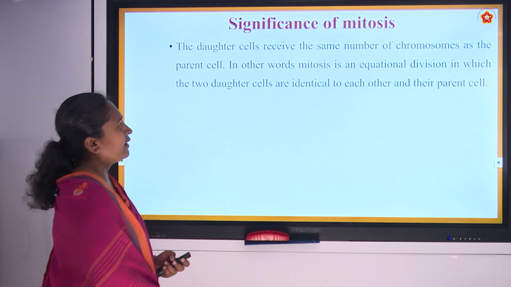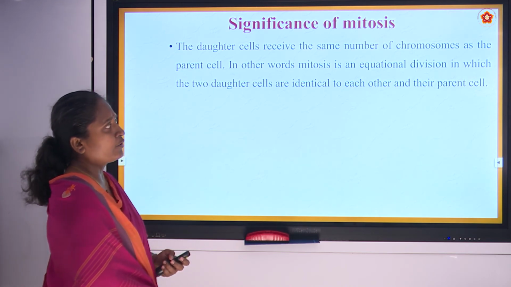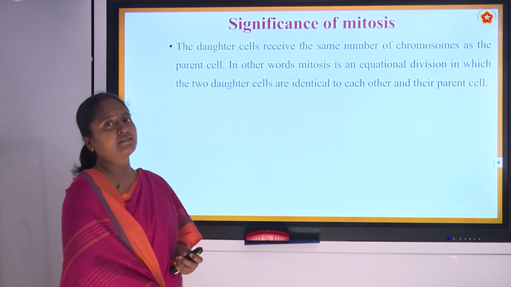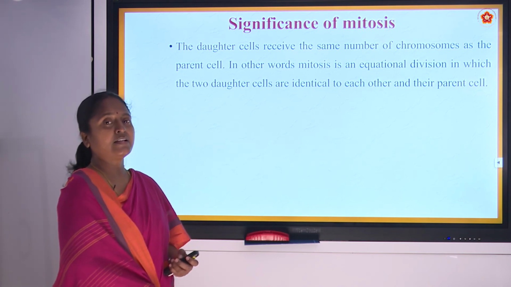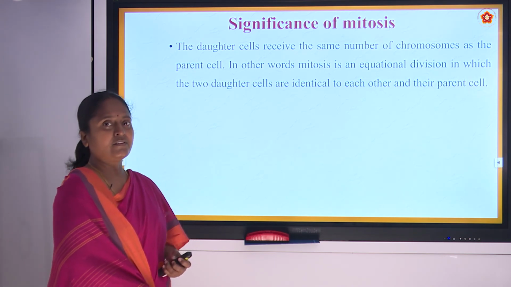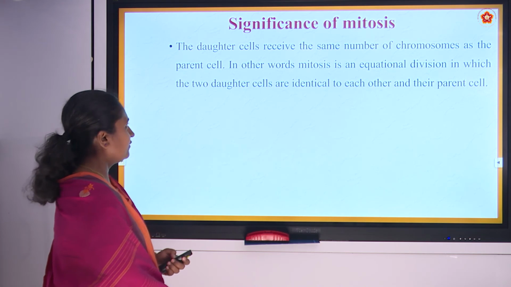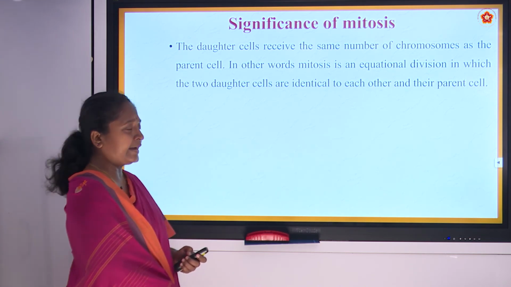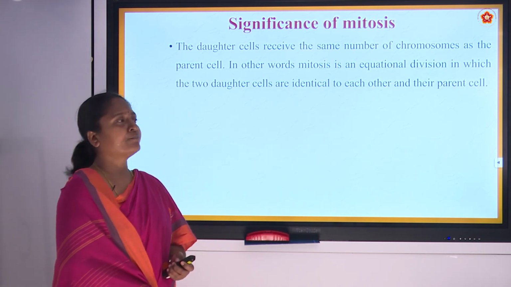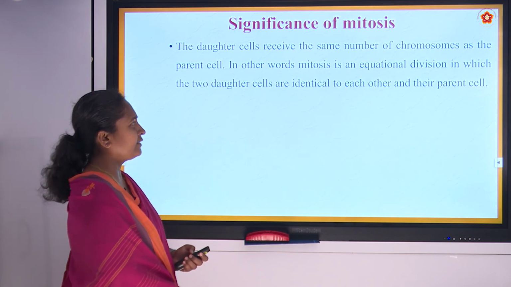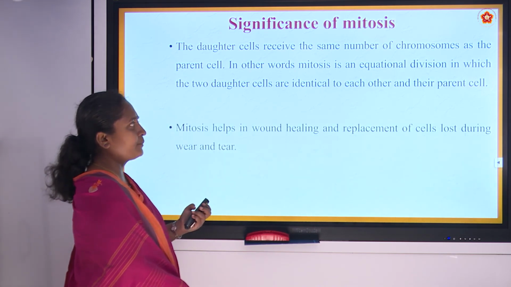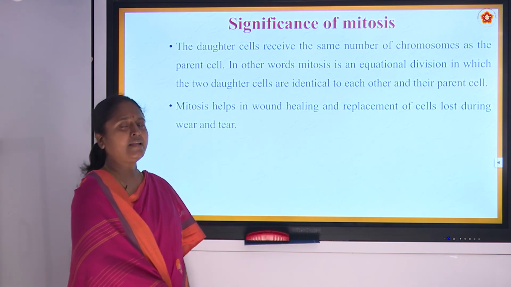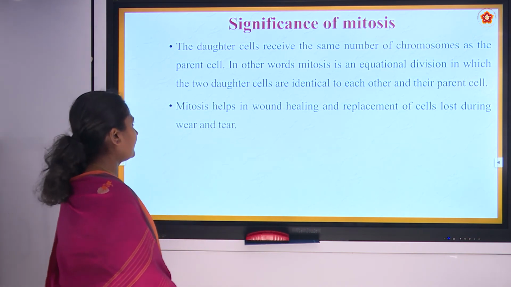They are very identical, and the same number of chromosomes are present. That is why it is known as equatorial division, because it divides equally. Equatorial division is the other term given to mitosis, in which the daughter cells are exactly identical to each other and to the parent cell; they are all looking alike.